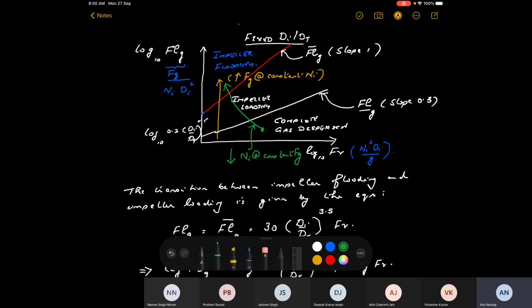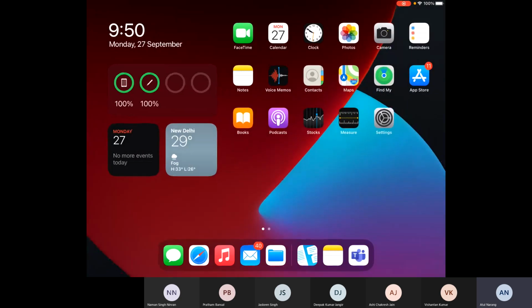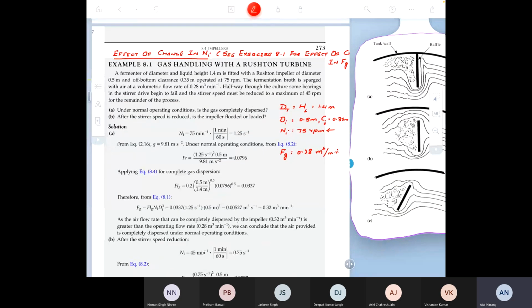And second thing is, when the impeller speed goes down, where do you end up? Do you end up in impeller loading, or in impeller flooding? You know you're going to move somewhere in that path, but where exactly do you end up? Is that part clear? If the question is clear, we can proceed now with the answer.